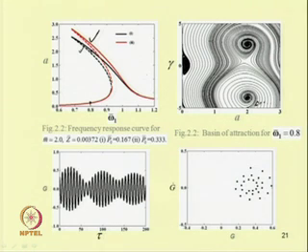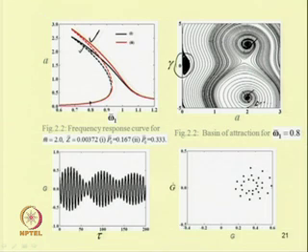So, this point corresponds to the trivial state solution, and these correspond to the non-trivial state solution. In the non-trivial state solution, one can have two different types of phase. One can plot this basin of attraction to know for what initial condition the system will be in which state.